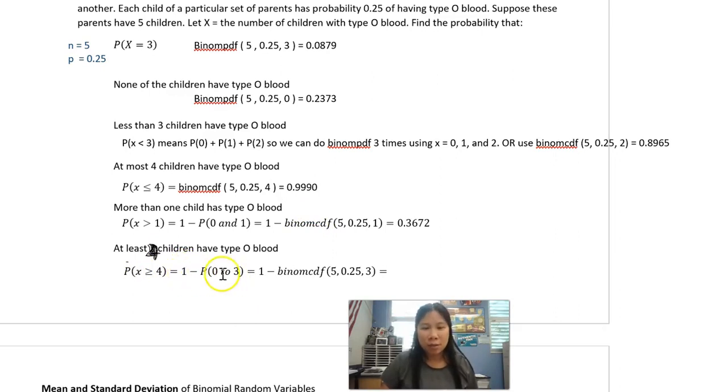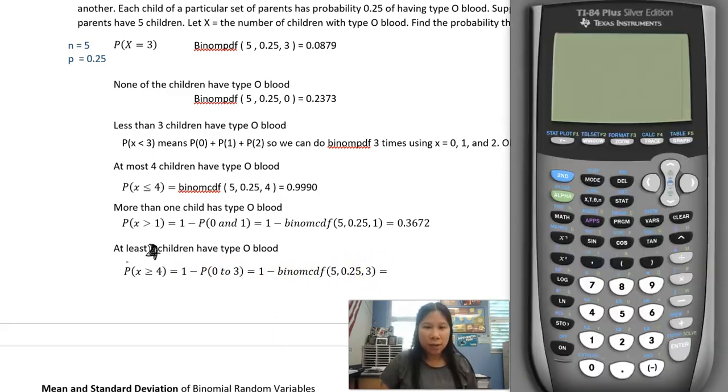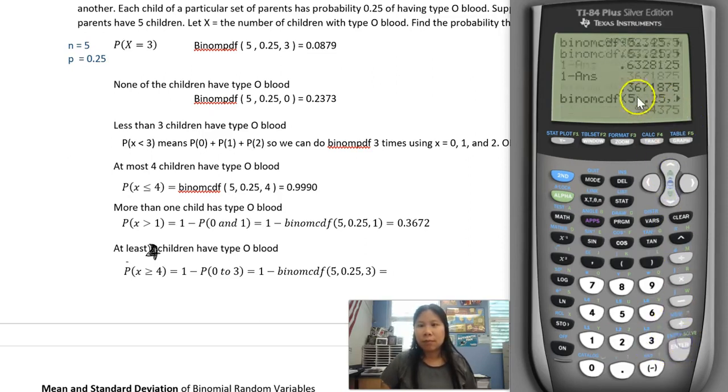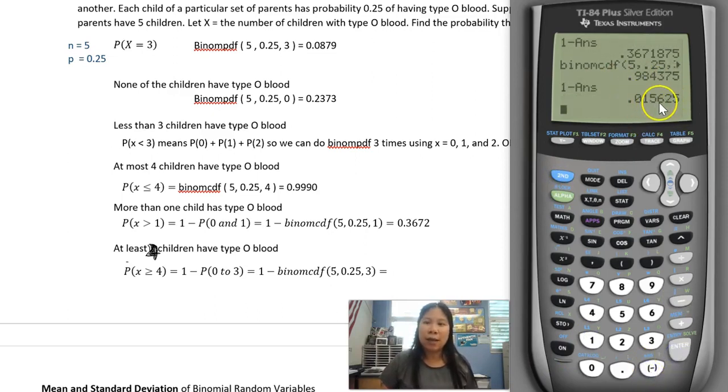So that means we don't want 0 to 3. So 1 minus binomial CDF, where x equals 3. Doing that in our calculator, this is the answer I get when I find binomial CDF of 3, but then we want 1 minus that to get us the 4 and the 5 that we want. So I end up with 0.0156, and that'll be our probability.